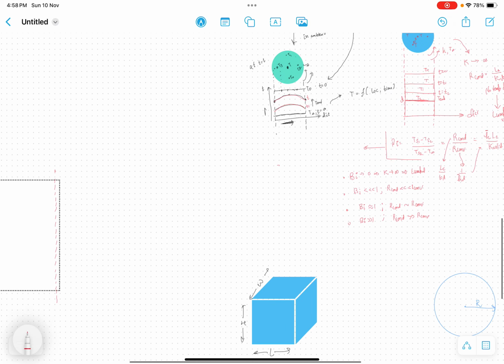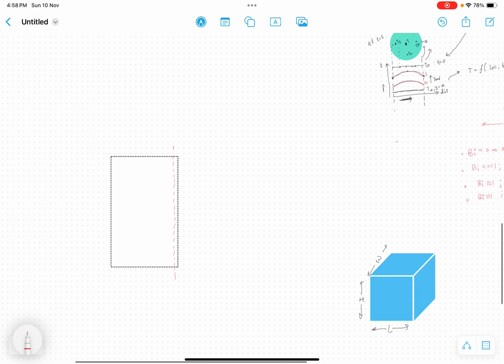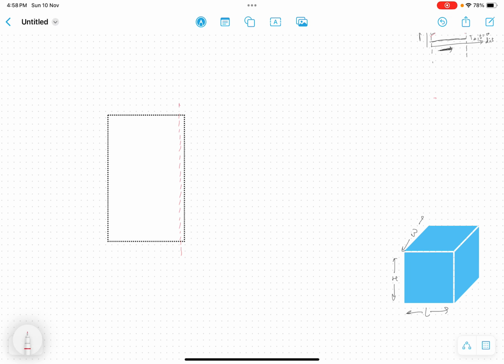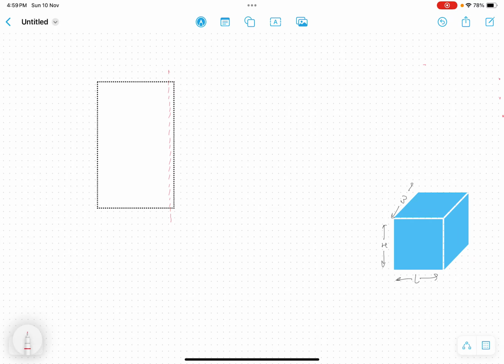So consider this situation. Let's say this is the body, and it is dissipating heat to the outside environment. Consider a single side of it, and suppose outside of it on the right hand side a fluid flow is there, which has a heat transfer coefficient H and an ambient fluid temperature T infinity.